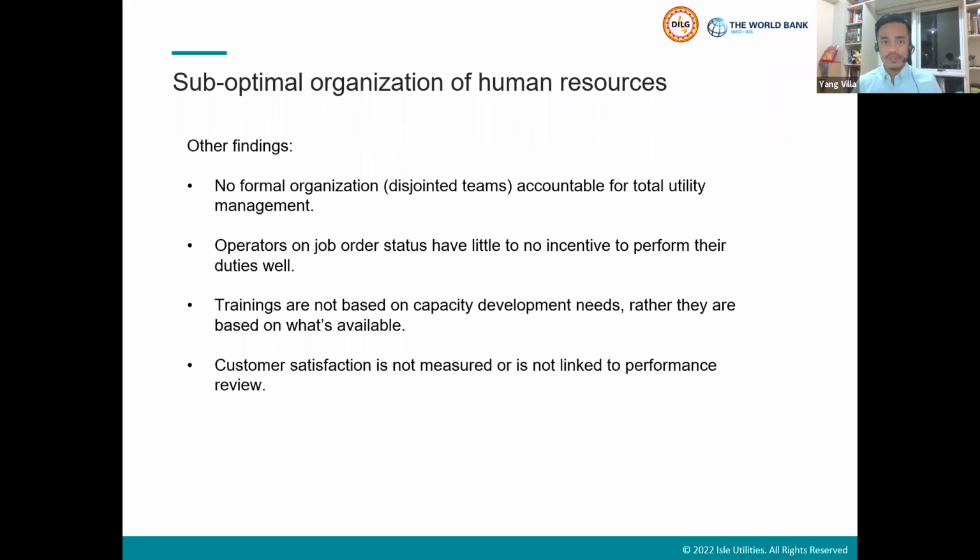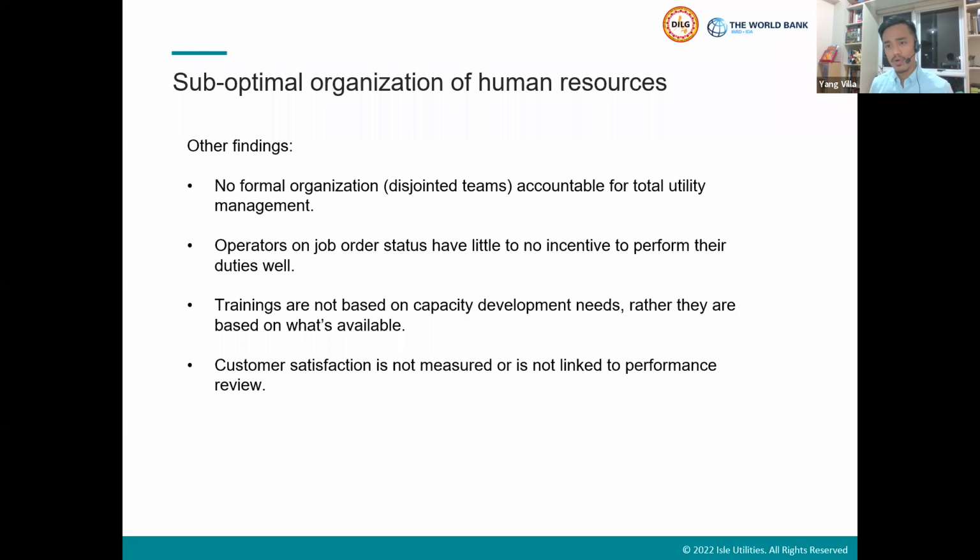The second reason we found for suboptimal organization is that many of the operators on the ground, your operators, your meter readers, for example, are on job order status, meaning they are not permanent positions and they are renewed on an annual basis and they can be removed out of contract as well.